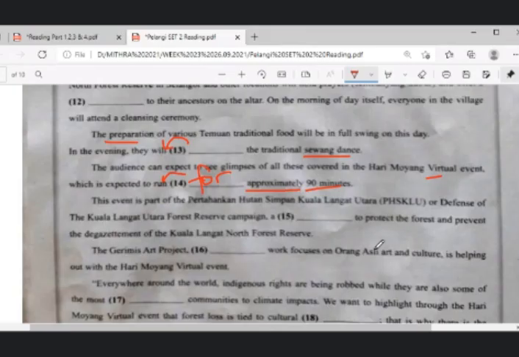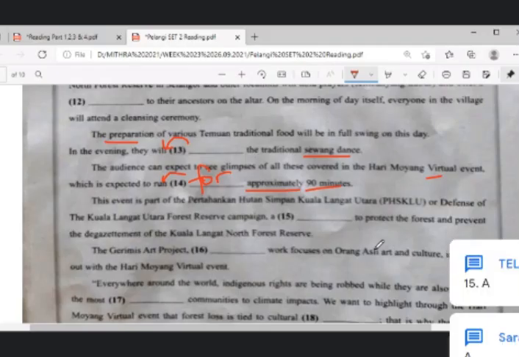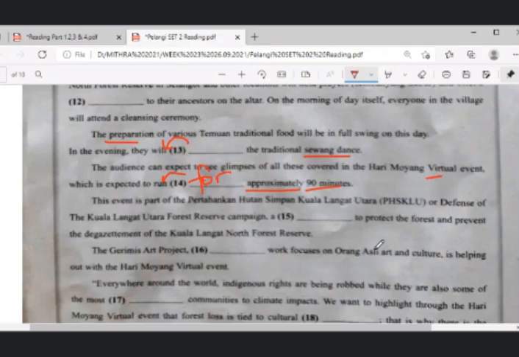This event is part of the Pertahankan Hutan Simpan Kuala Langat Utara, or Defense of the Kuala Langat Utara Forest Reserve campaign. Okay, what is that? To protect the forest and prevent the de-gazettement of the Kuala Langat North Forest Reserve.